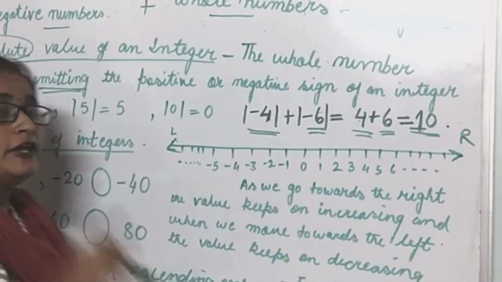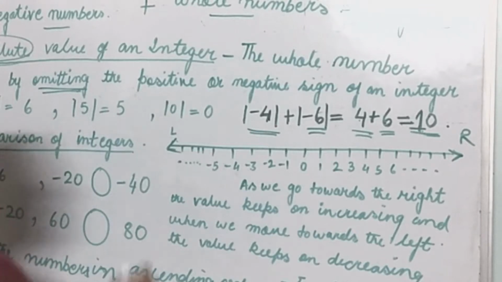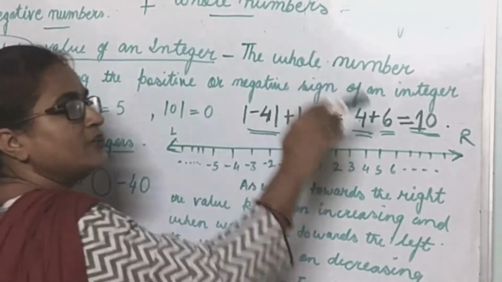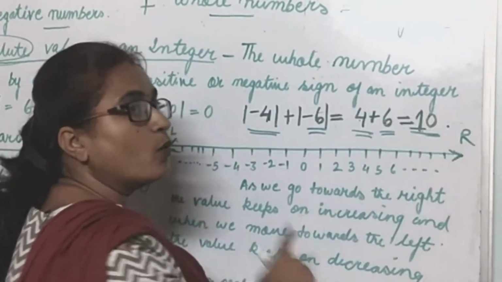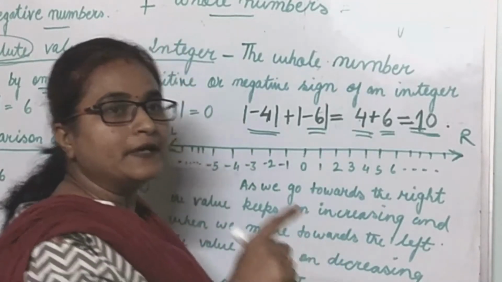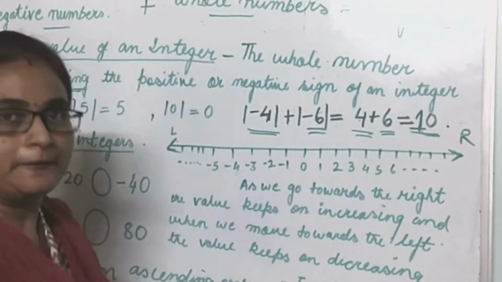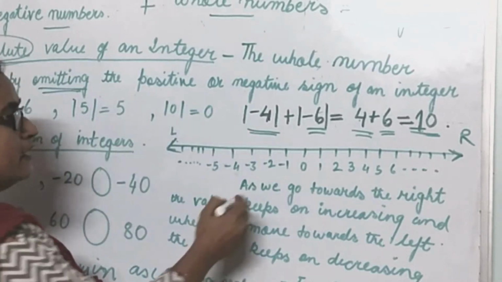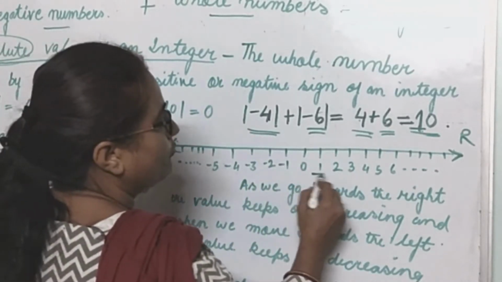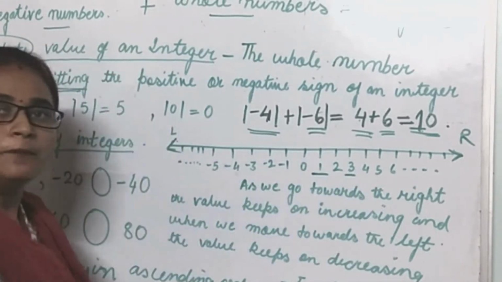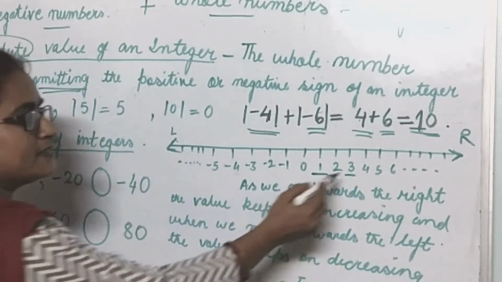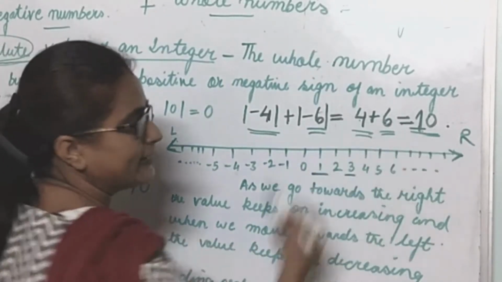One thing you have to keep in mind: as we go towards the right, the value of a number keeps on increasing. Suppose I consider 1 and 3, which number is greater? 3 is greater, and 3 is on the right hand side.